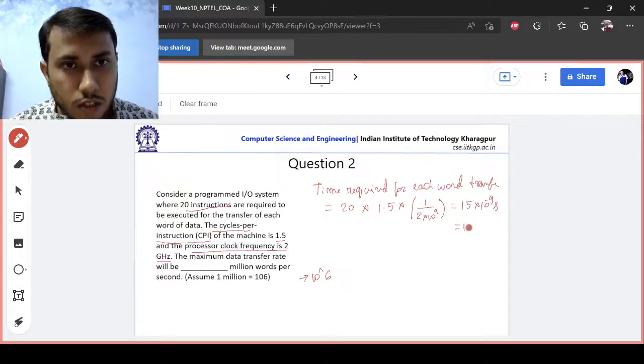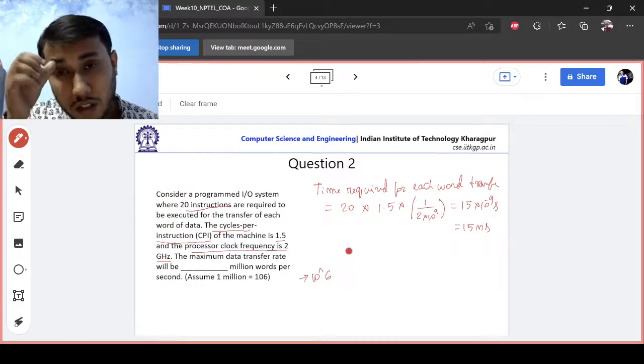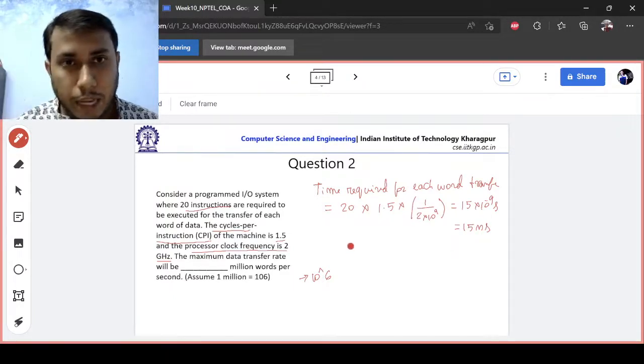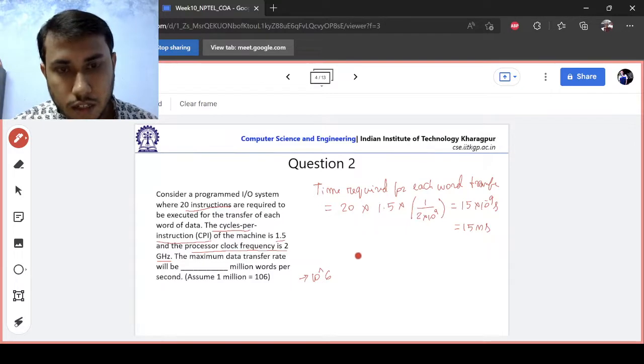Now, what is the maximum data transfer rate that can be achieved? For each word, this is the time required.